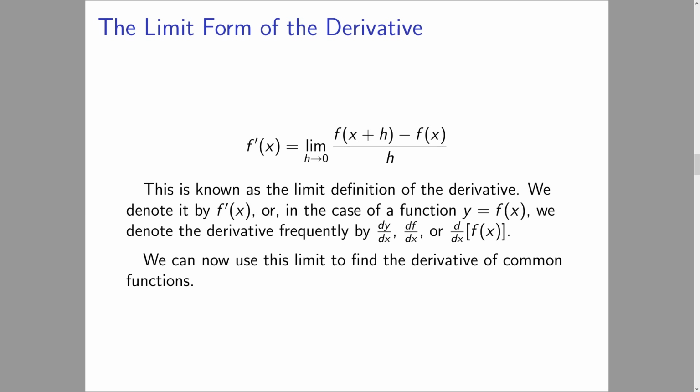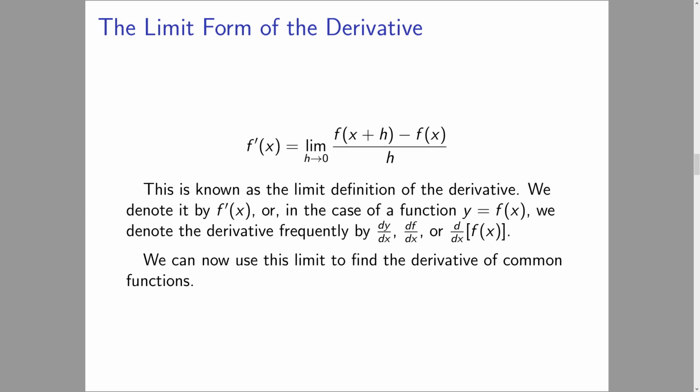In the case of y being a function of x, we represent the limit definition of the derivative with many notations, including dy/dx, df/dx, or simply f prime of x, depending on how you write your functions.